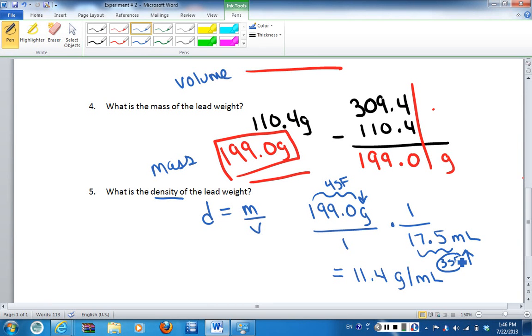You will be doing this for various materials, and basically you will be taking these materials, using a beaker full of water, determining the amount of water displaced, determining the volume of this object, determining the mass of the object, and then ultimately determining the density of the object. So these calculations are very important. You will use them in experiment 2.